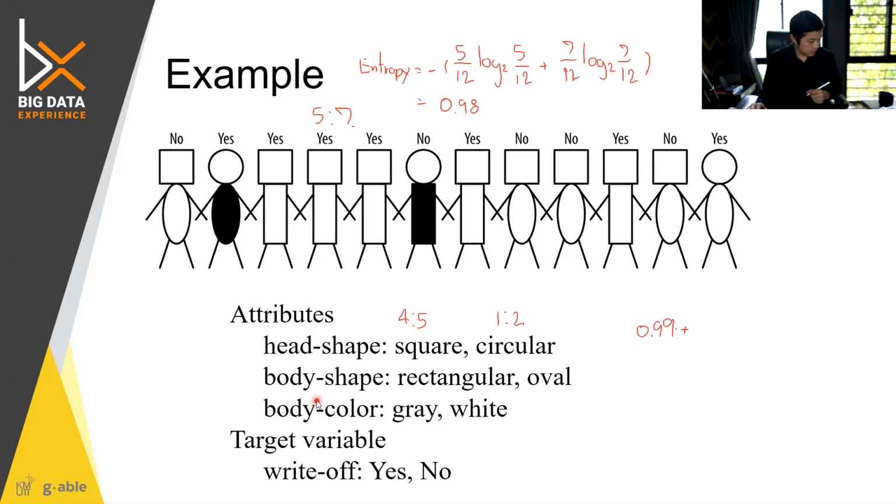Point 99 and 1 over 2, 1 over 3. 0.91. This times the proportion, which is 9 over how many? 12, right? This is 3 over 12.